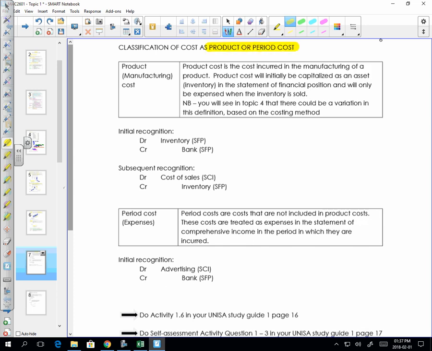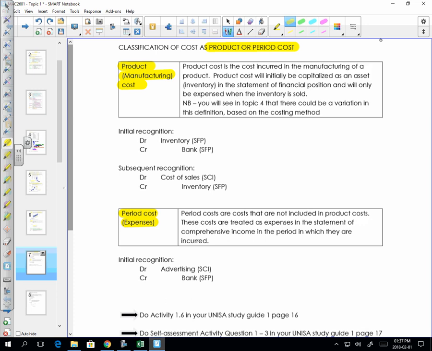Product or period cost. Very simply, a product cost is anything to do with the cost of the product: materials, labor, and overheads. Anything that you will allocate to the product, whereas a period cost is things that don't have anything to do with the product, like the rent of your admin, and we take that as a period cost.